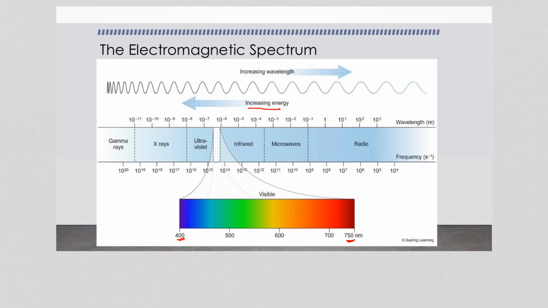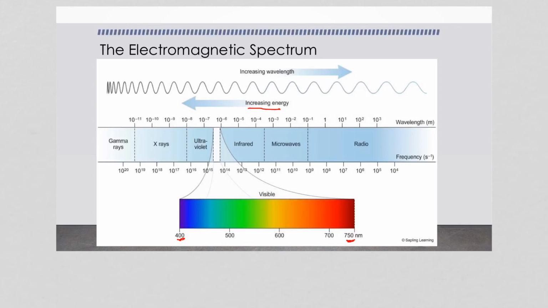Microwaves are also used for communication and so forth. And when we get to even longer wavelengths, we get into a large section of very long wavelength electromagnetic waves known as radio waves.